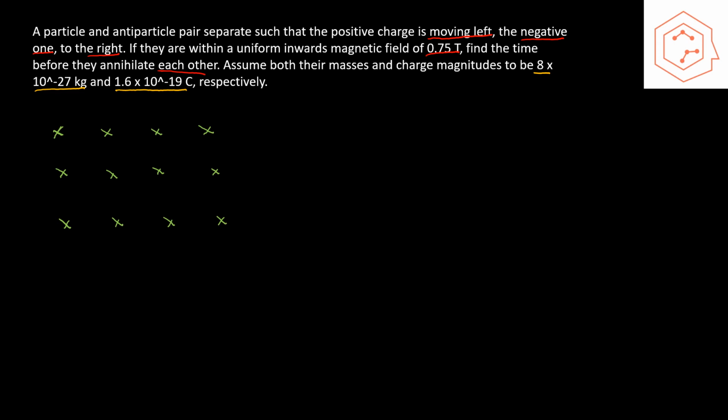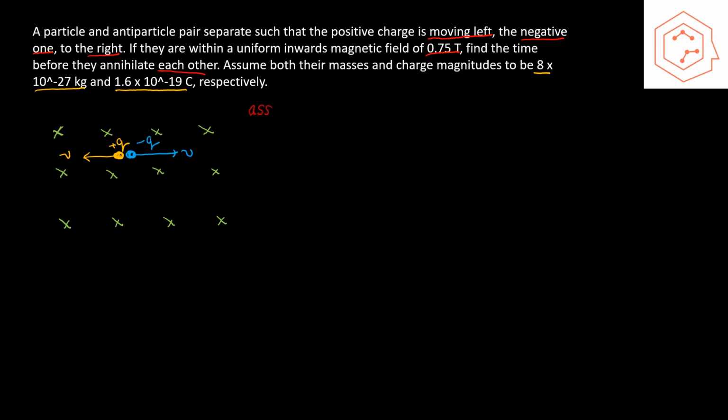Then we can draw our charge. So our positive charge is moving to the left with some velocity that we're not told. And our negative charge is moving to the right with some velocity also that we're not told. But we'll assume that this is the same velocity since they're separating.